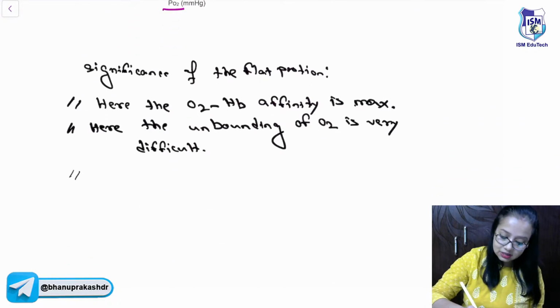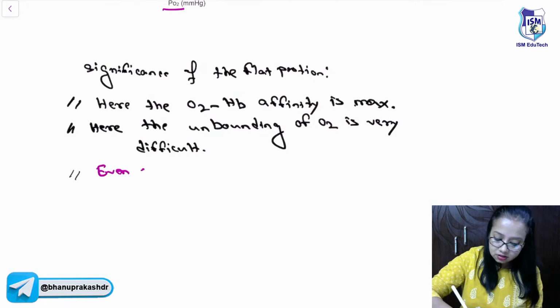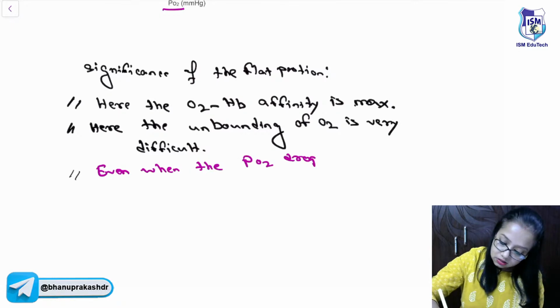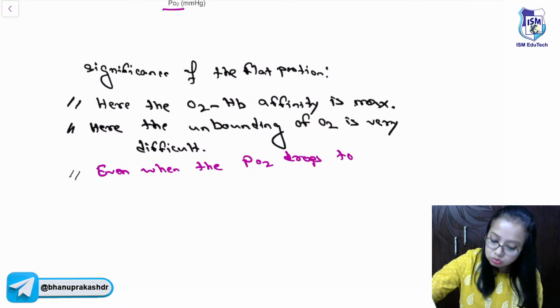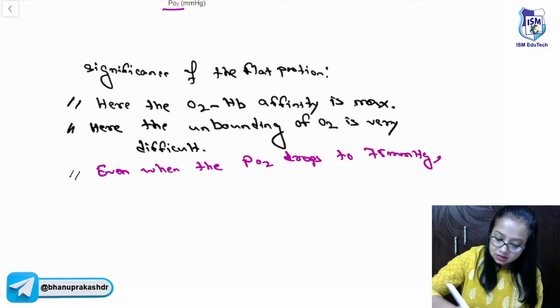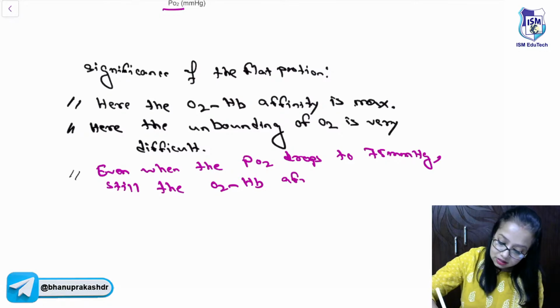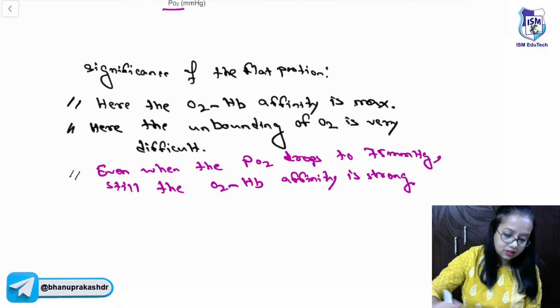So the second significance is that even when the partial pressure of oxygen drops to 75 mmHg, the oxygen hemoglobin affinity is still very, very strong.